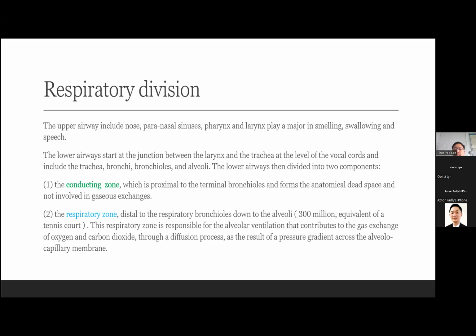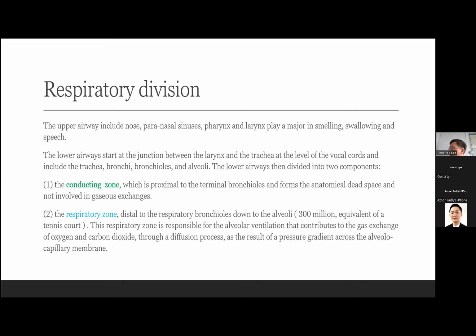The first is the conducting zone, which is proximal to the terminal bronchus. So from the vocal cord, trachea, the main bronchus, until the terminal bronchus, they form an anatomical dead space, which doesn't involve any gaseous exchange.